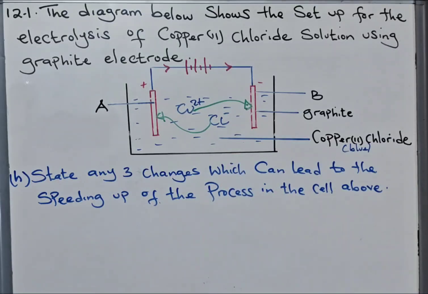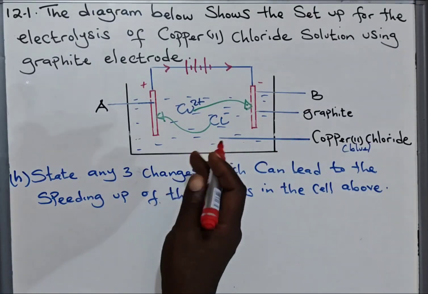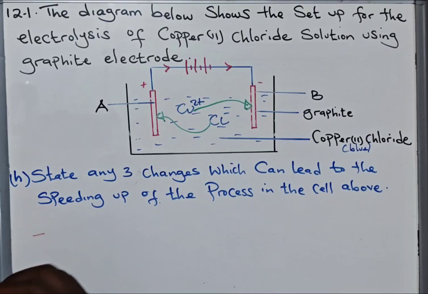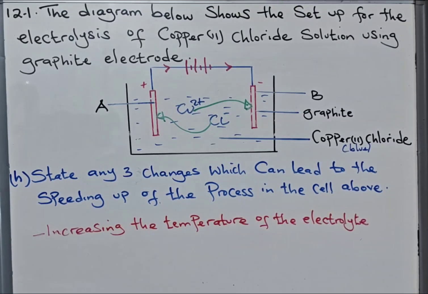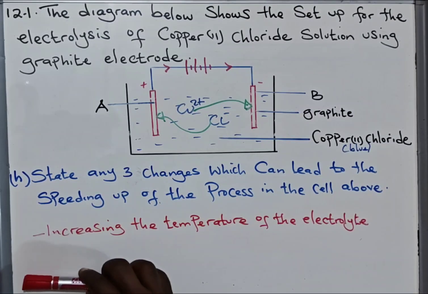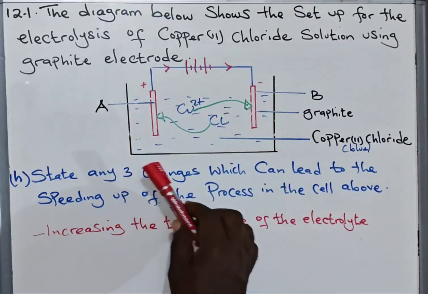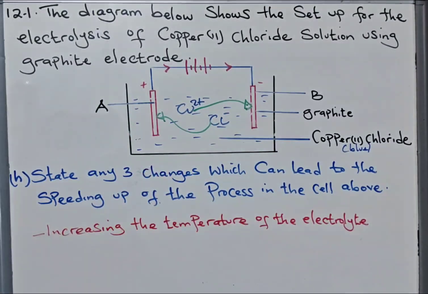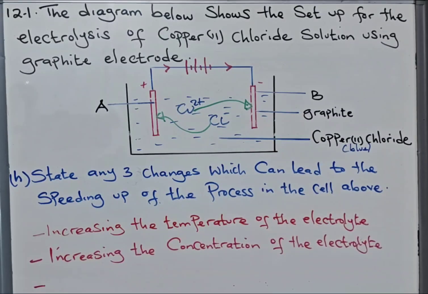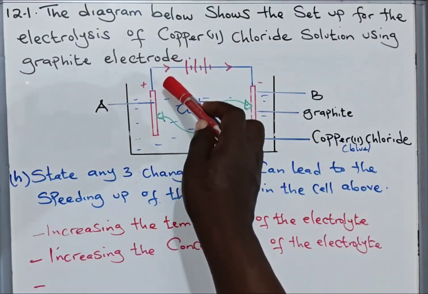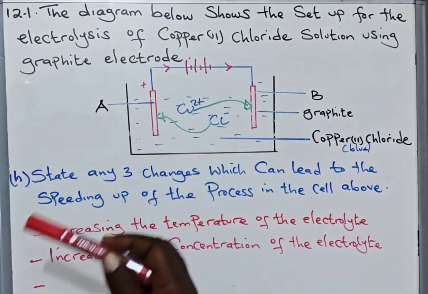First, we can increase the temperature of the electrolyte. Secondly, we can increase the concentration of the electrolyte. Then thirdly, we can increase the voltage or EMF of the cell.